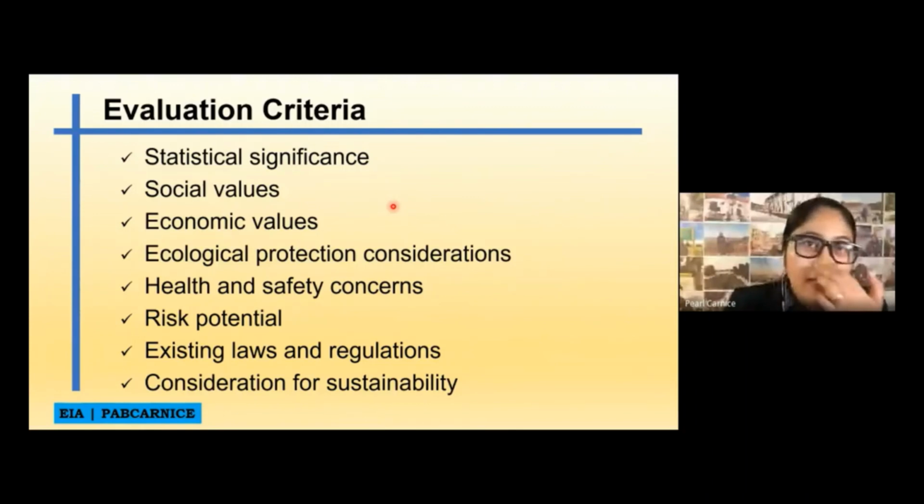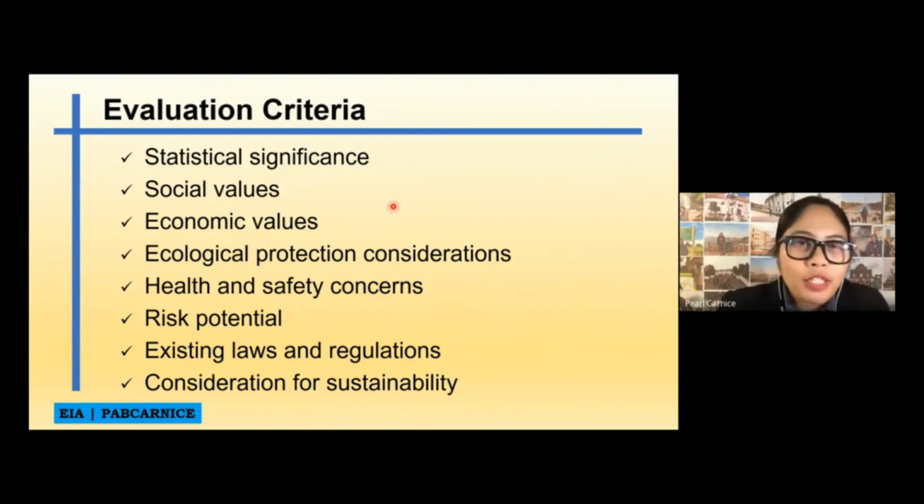However, in an EIA study, if there will be an adverse impact to the community per se, then we have to do a social analysis of that. Another evaluation criterion is economic values, in which we can do economic analysis, then ecological protection considerations, health and safety concerns, risk potential, existing laws and regulations, and consideration for sustainability.